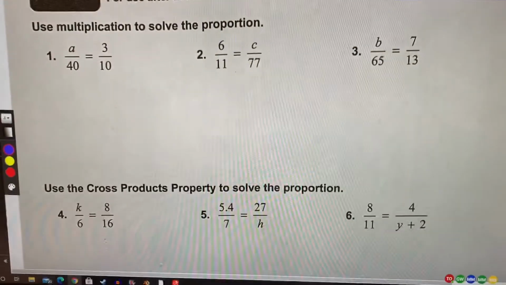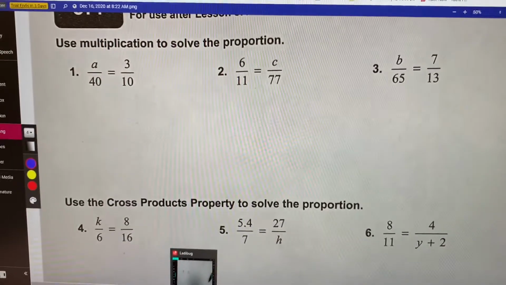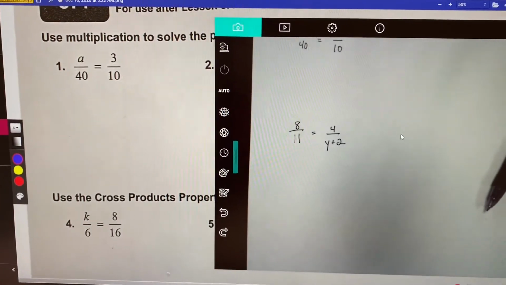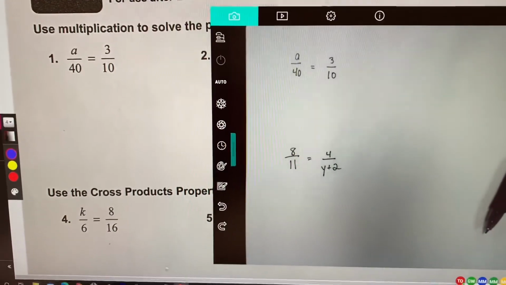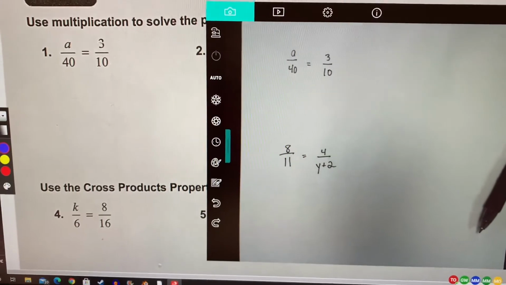The first thing I want to go into is looking at some of these problems. This was a page that we had attached before, and I'm going to do two of them and show you the couple of ways that we've talked about. Remember, one way you can always do this is mental math.